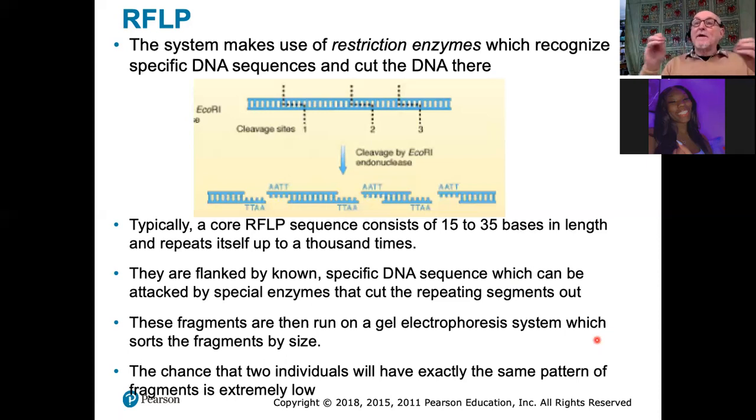And if you look at more than one RFLP site, which you can do because they occur on different chromosomes all over our genome, then the chances become 1 in billions. And it becomes very powerful evidence of individual character.